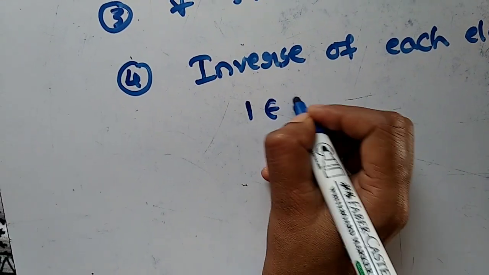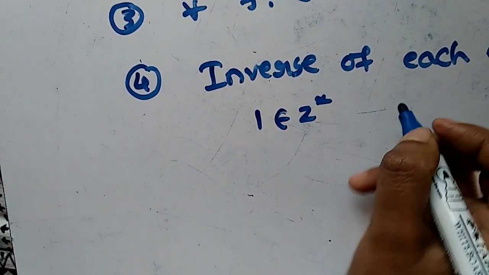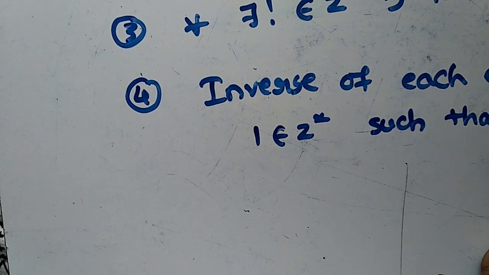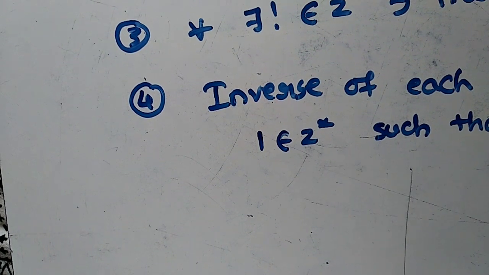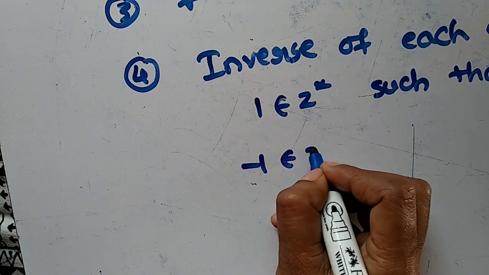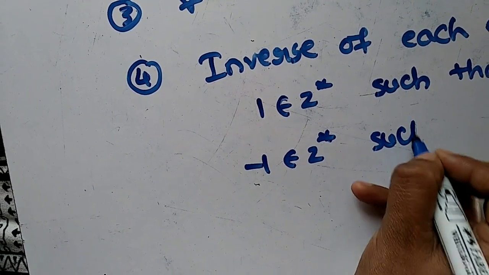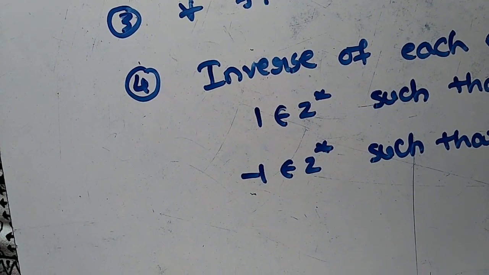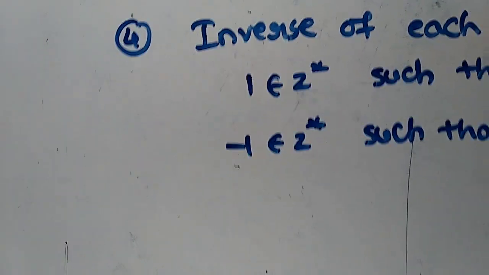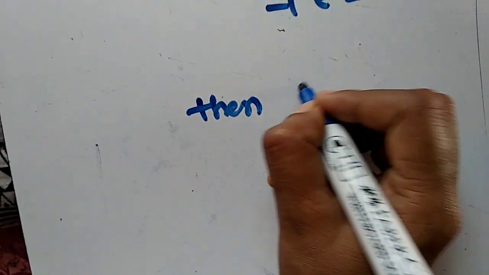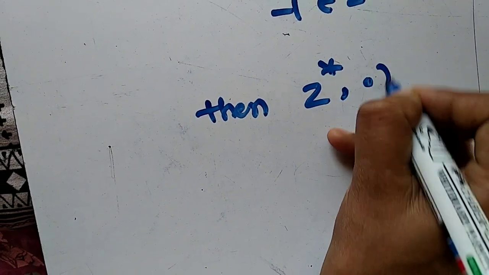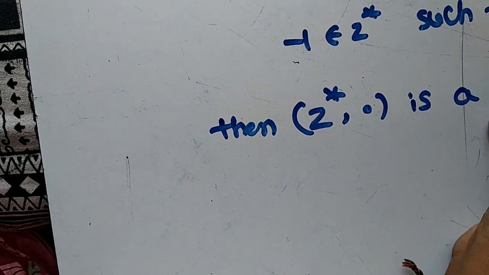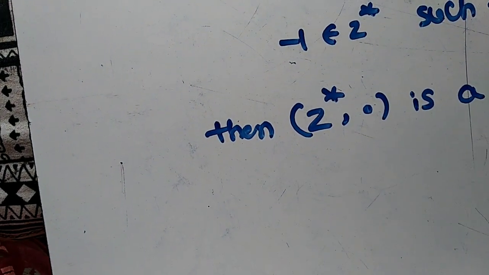So 1 belongs to Z star, such that the inverse of this one is nothing but 1, and minus 1 belongs to Z star, such that the inverse of this minus 1 is minus 1. Then Z star with respect to multiplication is a group.